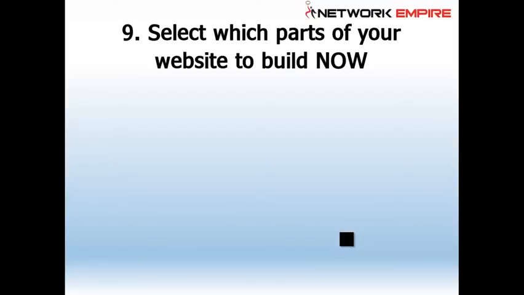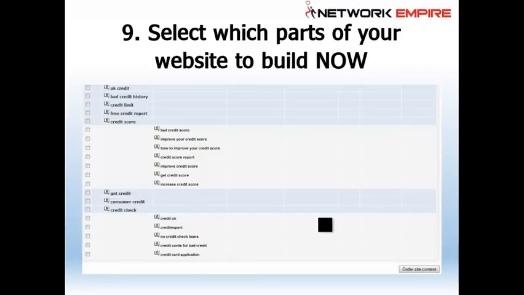All right, number 9. Which parts of your website do you want to build now? We have Matt, bless his socks. He's been working his fingers to the bone, and all over within Domain Web Studio now you get to see your silo structure every time you're looking at your website.